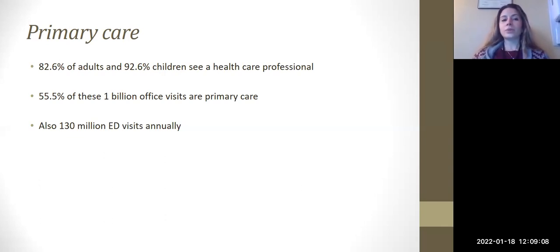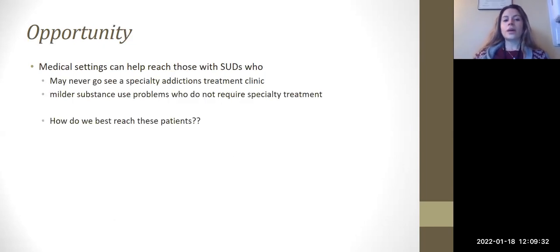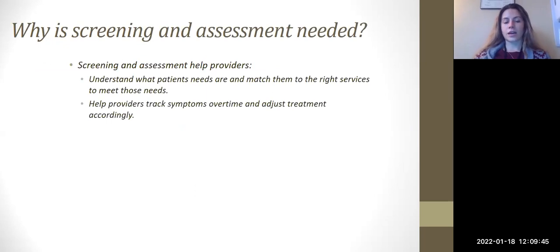So there's a lot of opportunity within primary care and family practice settings, about 1 billion office visits per year and 130 million emergency department visits per year, where we could be capturing this population and funneling them into, or even treating them in, those settings, because a smaller percentage are going to need specialty substance use disorder treatment. So that sets the stage for why we talk so much about universal screening and having a model of care that uses universal screening to catch these patients.